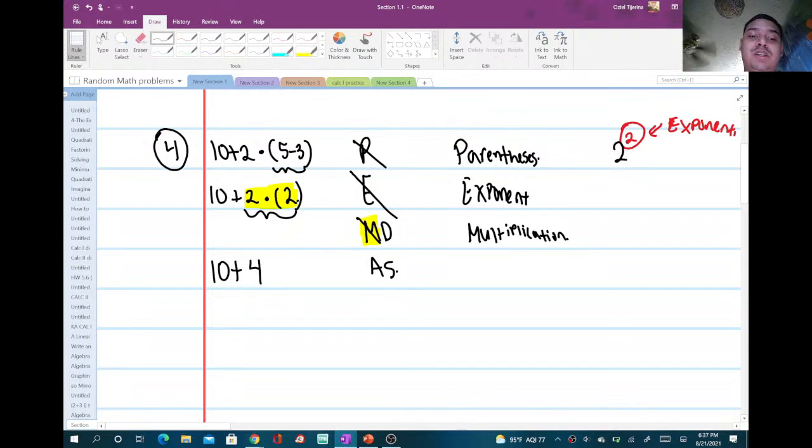Now division, there is no division. We did have multiplication and we simplified that, but we do not have division, so we don't have to do anything with that.